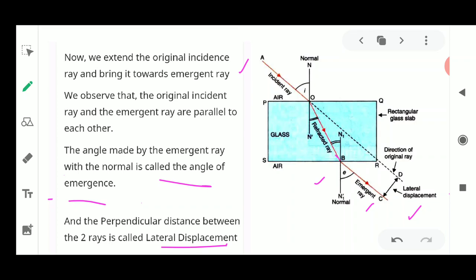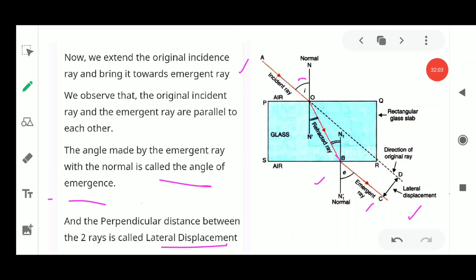Because of the refraction in the glass slab, the two laws we have studied already arise, and the refraction takes place because of the refractive index, which we have already discussed. So I am not going to discuss the laws again. The laws remain the same. That is Snell's law: the ratio of the sine of angle of incidence i to the sine of angle of refraction r is always a constant, known as the refractive index. And that refractive index is the ratio of the speed of light in one medium with respect to the speed of light in another medium.